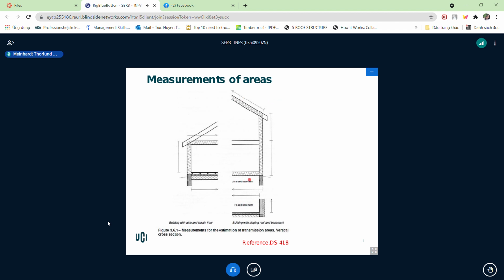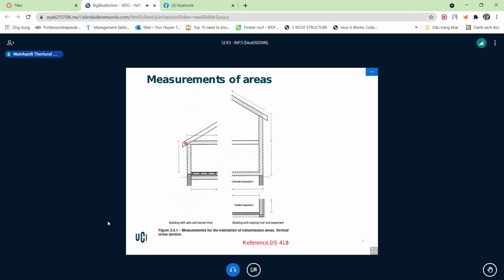The way that we measure it is, there are two ways it could be done. Either you have a hot roof where the roof is going to be heated, or you have one where the roof is not heated. So basically, you should always follow the insulation. And as you can see, it's always the gross areas.